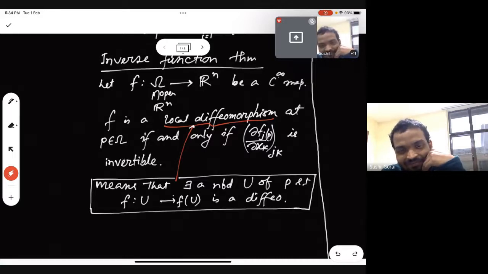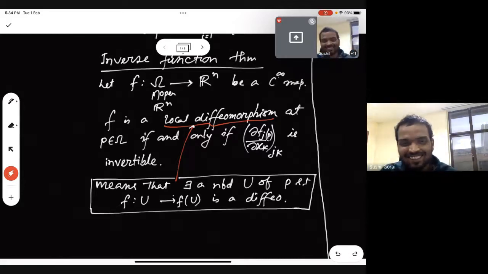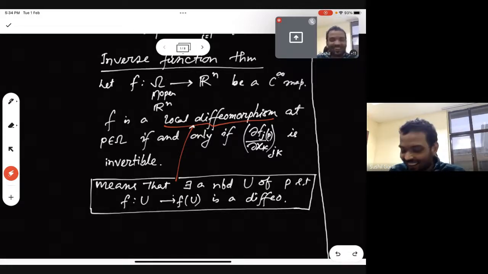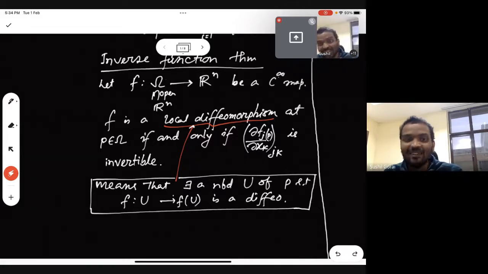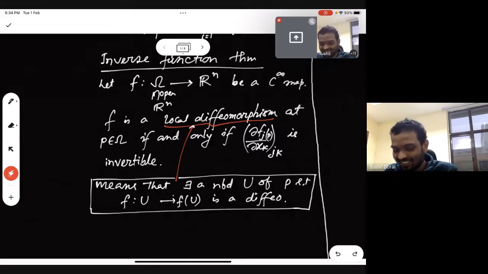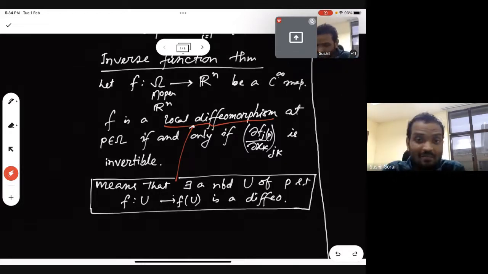It's still not clear. Okay, sir, I'll think about it. Yes, think about it. U is an open subset of Rn and f of U is a subset of Rn, it's not outside Rn. If it were outside Rn, then you might have some trouble. Now, diffeomorphism would say that f of U is an open subset of Rn.